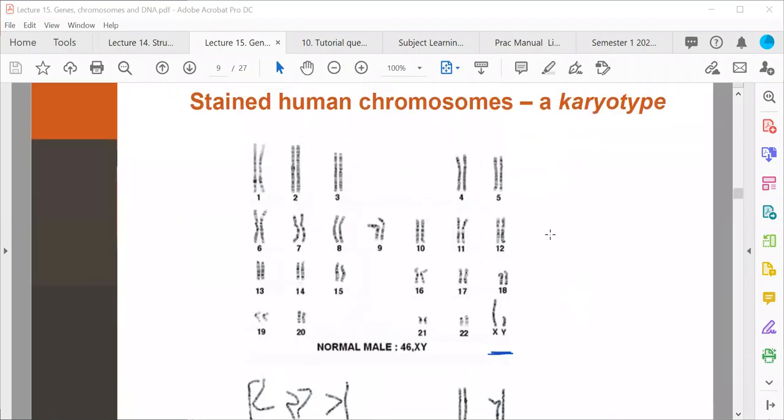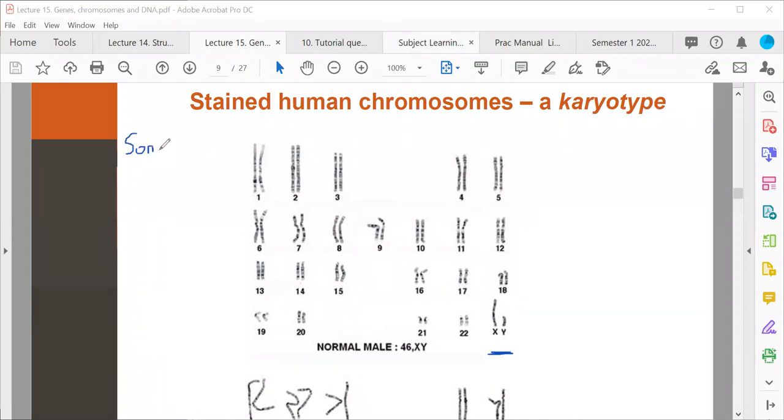All right, an important point to keep in mind is that all these chromosomes are found in a single nucleus of most cells in the body of the male. Most cells. And the cells that contain all of these chromosomes are called somatic cells.